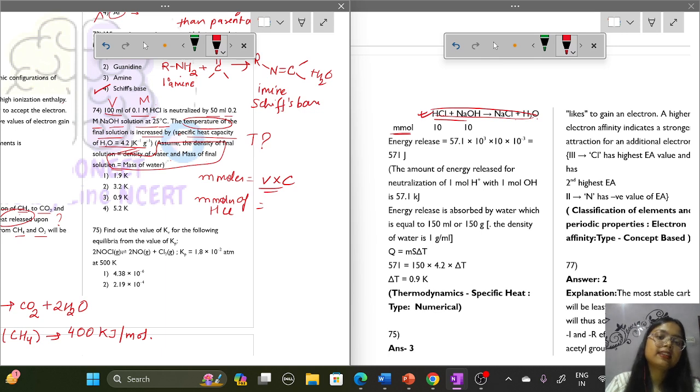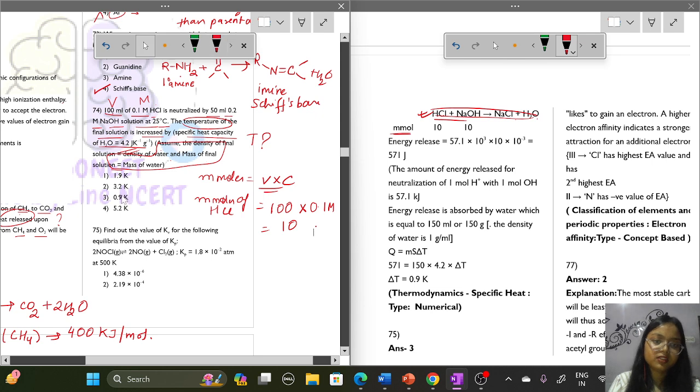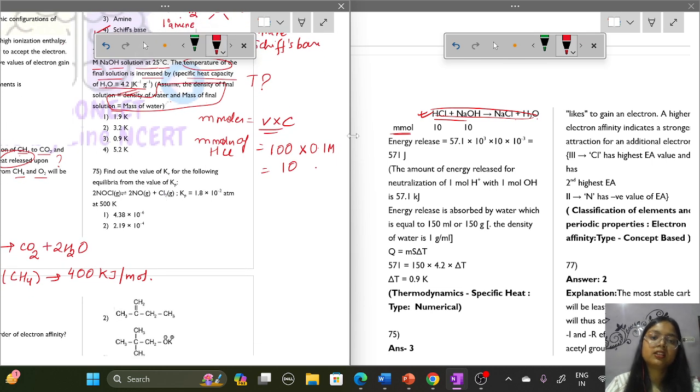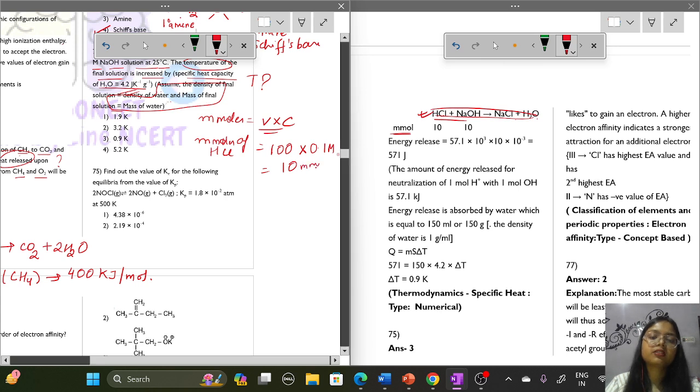The volume of HCl is 100 and the concentration is 0.1 molar, so it comes to 10 millimoles.